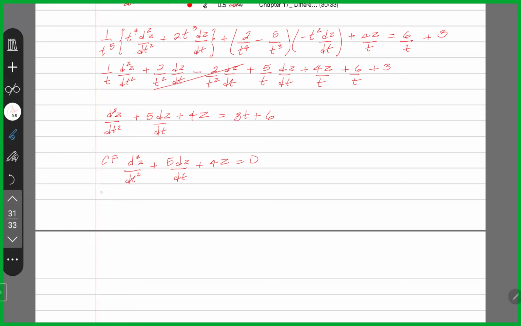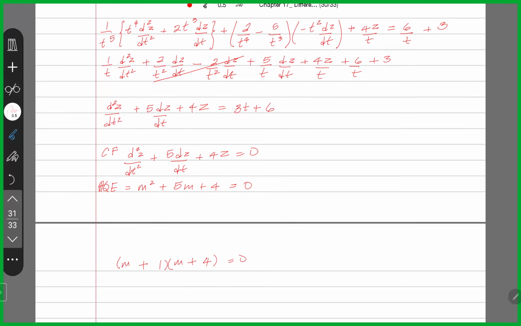The auxiliary quadratic equation is m squared plus 5m plus 4 is equal to 0.